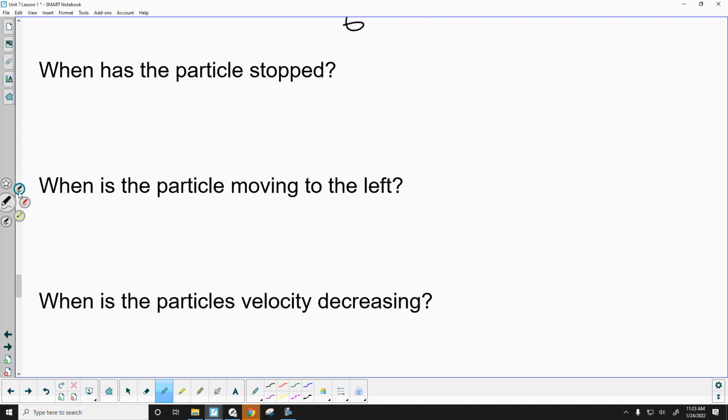If I'm able to know the sign of x prime, I will know how position's increasing or decreasing, or I will know when I'm moving to the right or left.